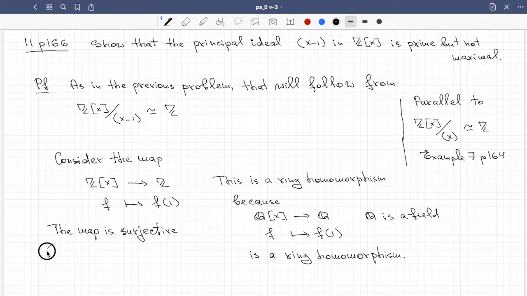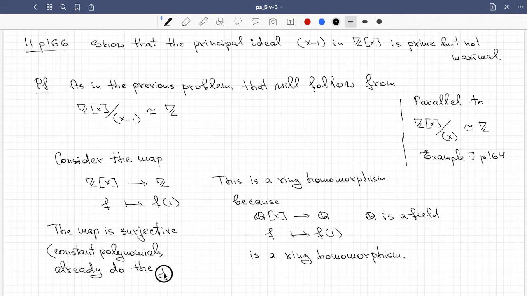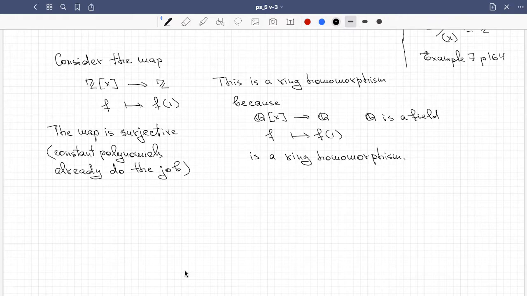So, constant polynomials already do the job. We have a surjective homomorphism. We can consider its kernel, of course.